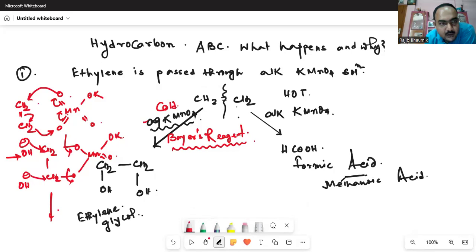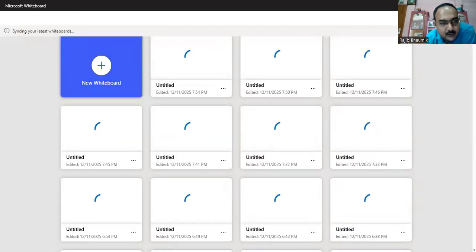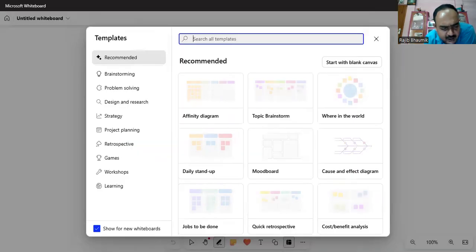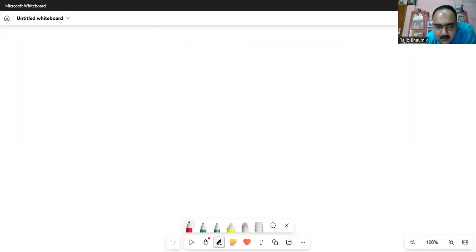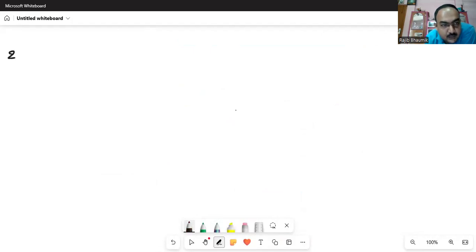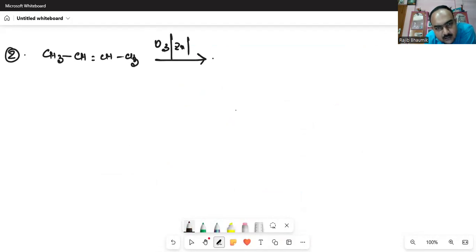Now we go to number 2 on the next page. 2-butene is treated with ozone in presence of zinc dust. It's very simple. 2-butene undergoes ozonolysis.